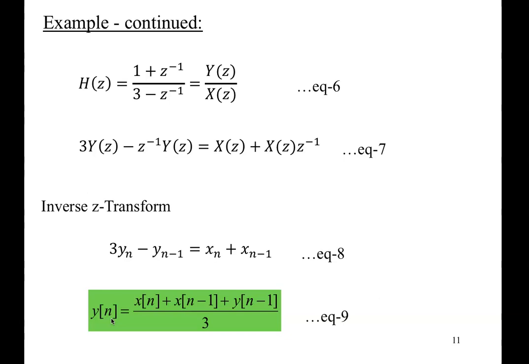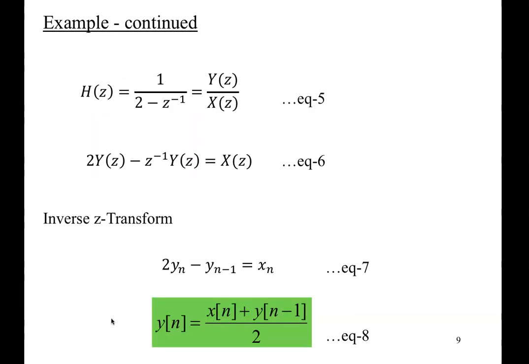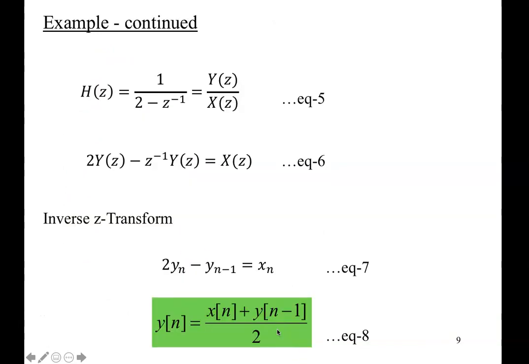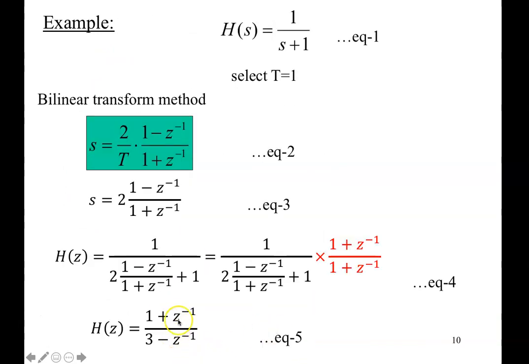Now, I have the continuous time controller 1 over s plus 1. I have the discrete time controller using the backward difference conversion method, which is this one, and I also have the controller using the second conversion method, the bilinear transform method.